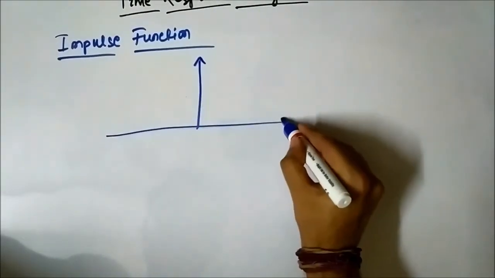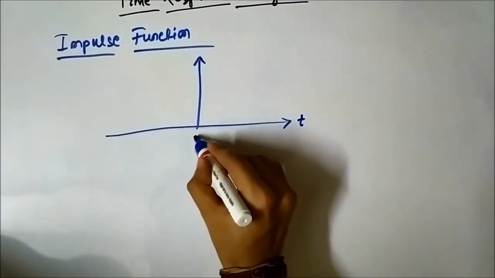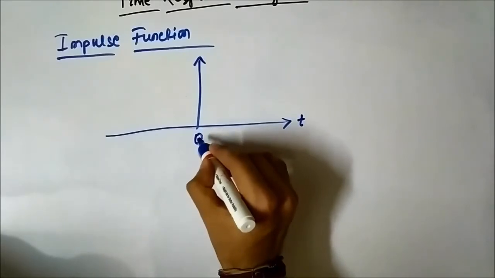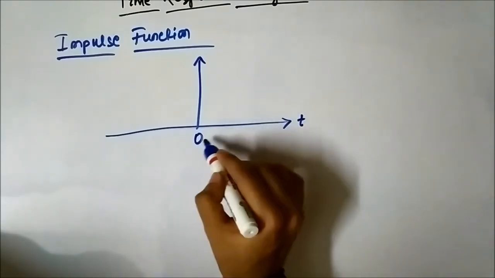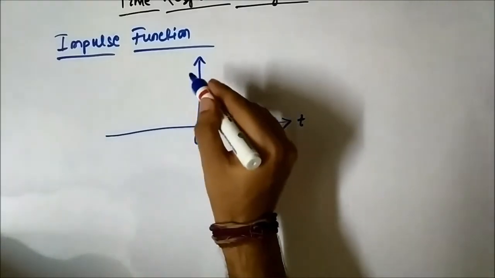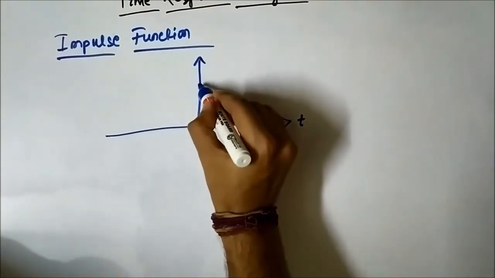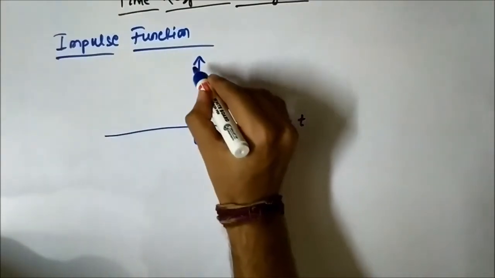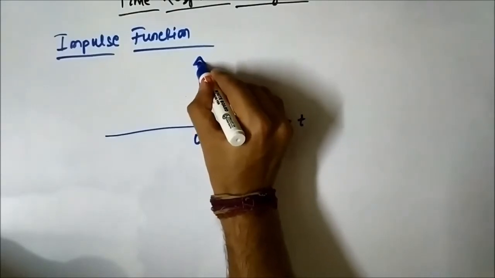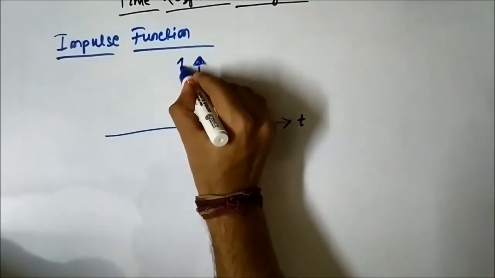Now the impulse function exists only at the time instant equal to 0, at the origin, and it has a value equal to unity.